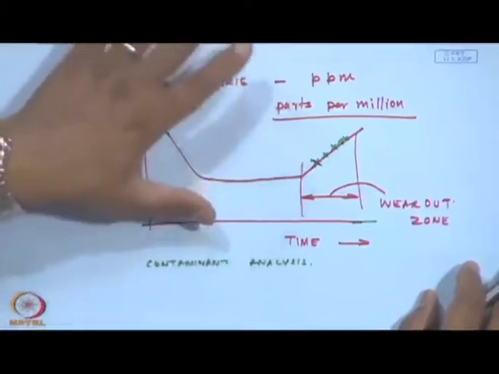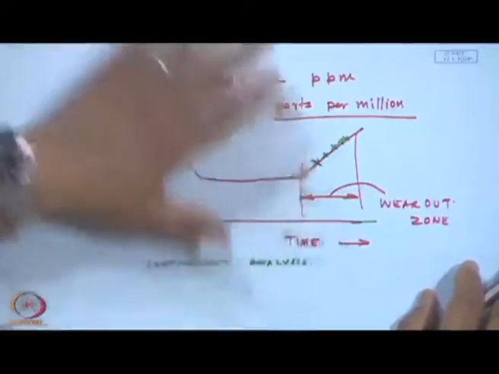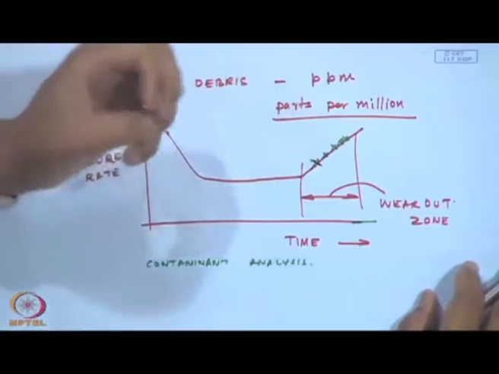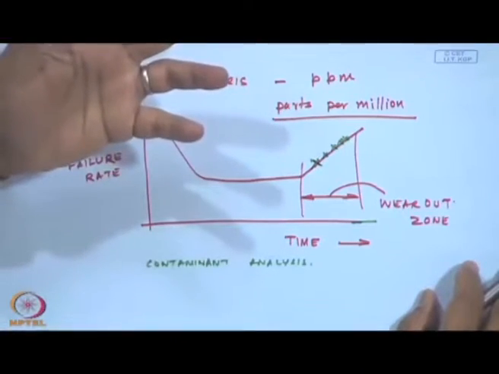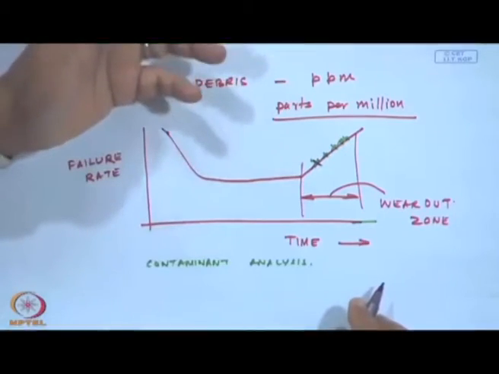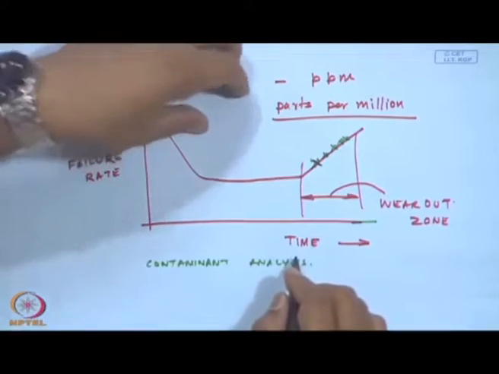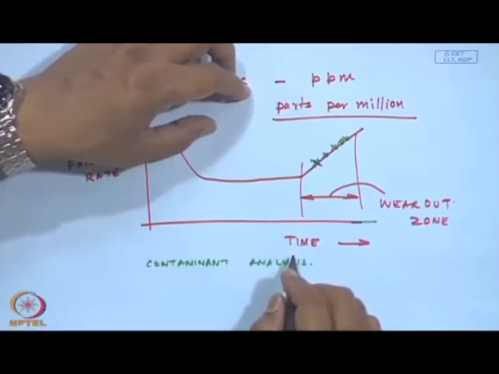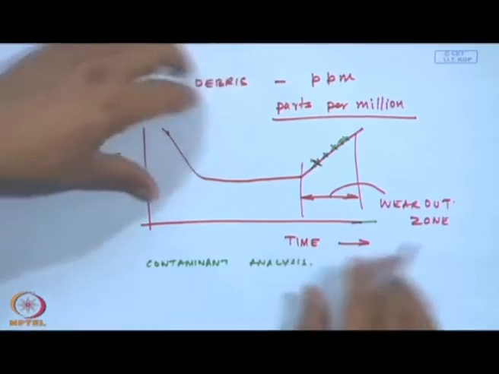In contaminant analysis or oil analysis, you cannot do that. All you have to do is collect the oil, like we collect a blood or urine sample and send it to a pathological lab. Similarly, in these machines also, you have to collect the oil in which the contaminants are there and give the entire sample to a lab, where they will do the contaminant analysis and check the severity by calculating the quantity of the particles present.